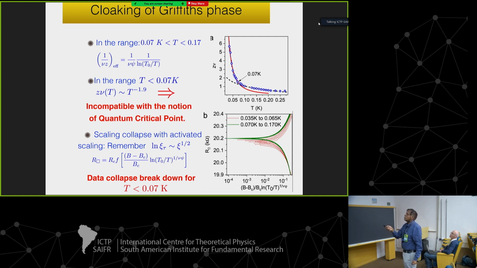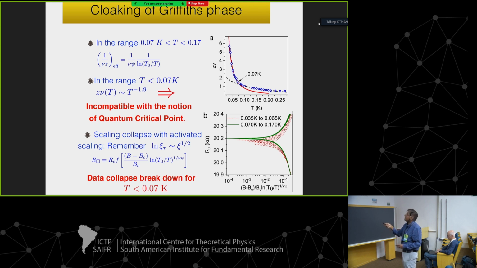Another way to figure out that there is something going wrong over here is that you can take your data and plot it on a scaling collapse with respect to this activated scaling scenario. For all temperatures above 0.07 Kelvin or so, everything maps onto these two critical isotherms.